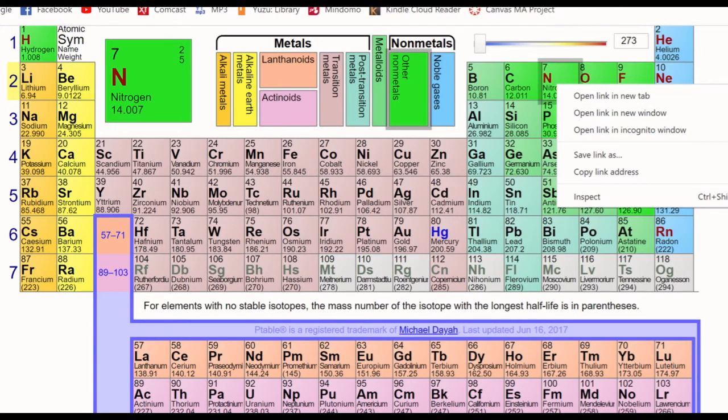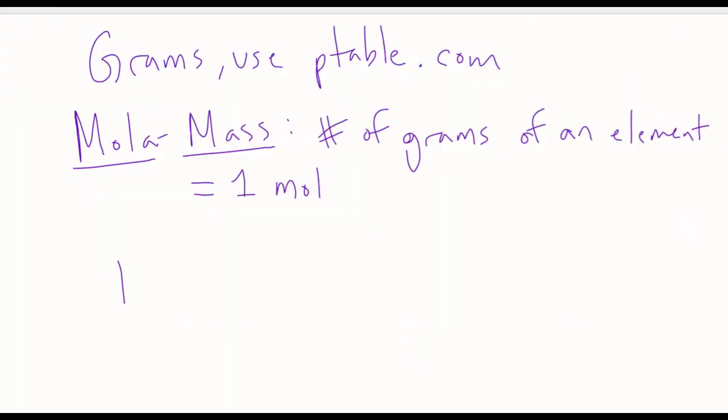If you want to use this online periodic table, you can use this one. Or if you have a physical one, find nitrogen and find where that 14.007 is, and that will be the location of your molar mass on your periodic table. For nitrogen, the molar mass is 14.007, and that's going to be grams per mole.